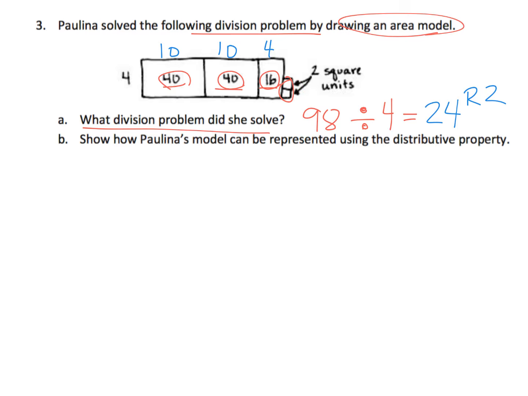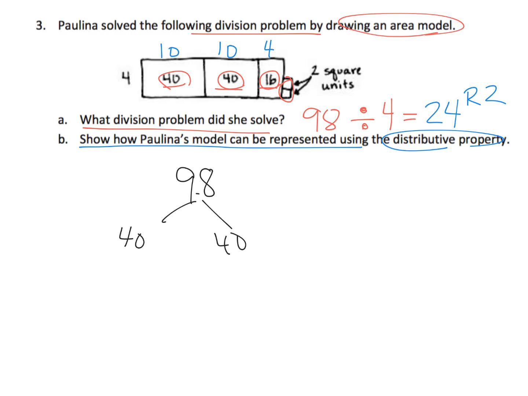Now, next question is, show how Paulina's model can be represented using the distributive property. Well, the idea is going to be, using this drawing up here, here's one way to do it. 98 is represented as 40, 40, 16, and way over here, I'm going to put the remainder 2.